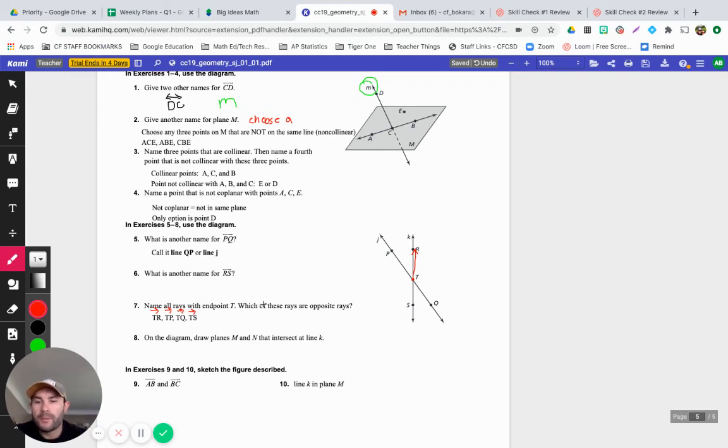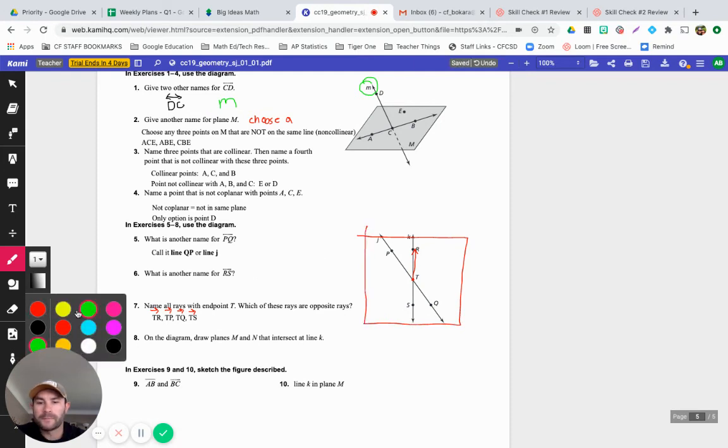On the diagram, draw planes M and N that intersect at line K. That's kind of hard to draw. So they intersect on this line right here, but we're going to try our best. It's kind of like 2 pieces of paper. You'd have one plane that looks like this, and then you could take a different plane and draw a little plane that kind of looks like it's going through the other one, off the page.